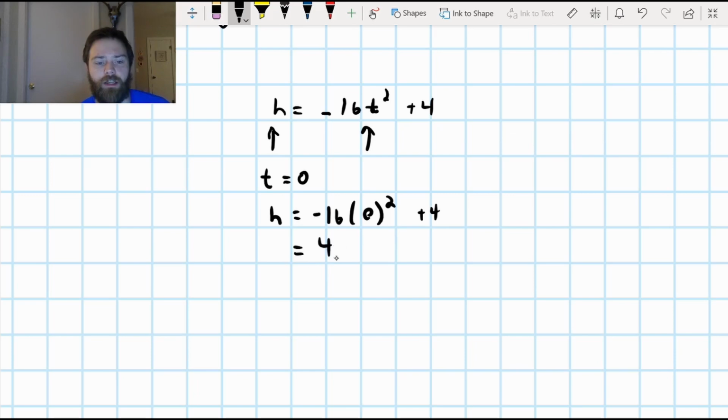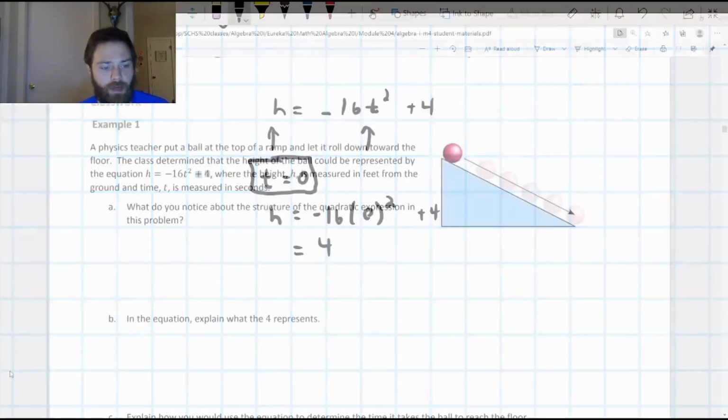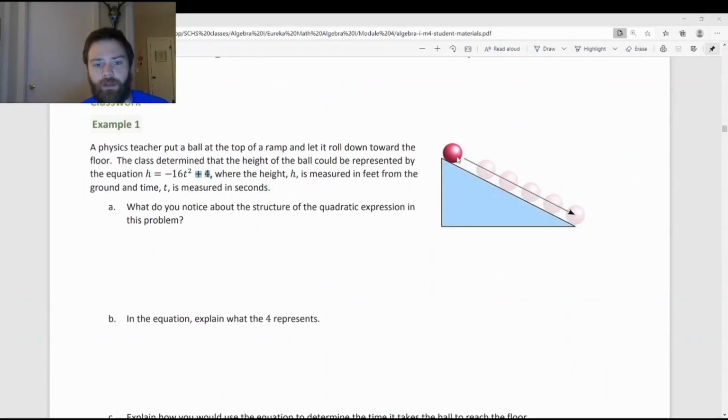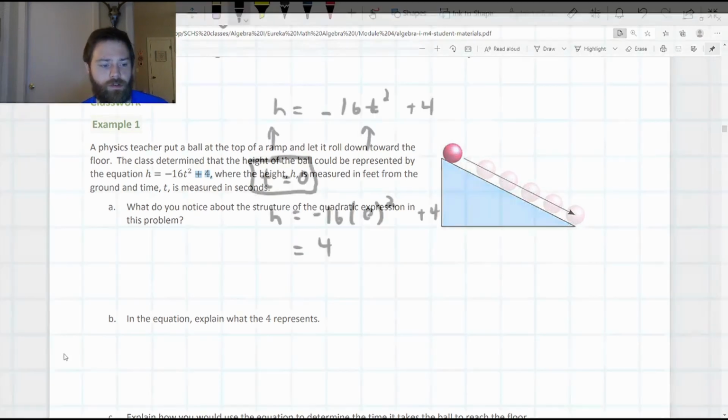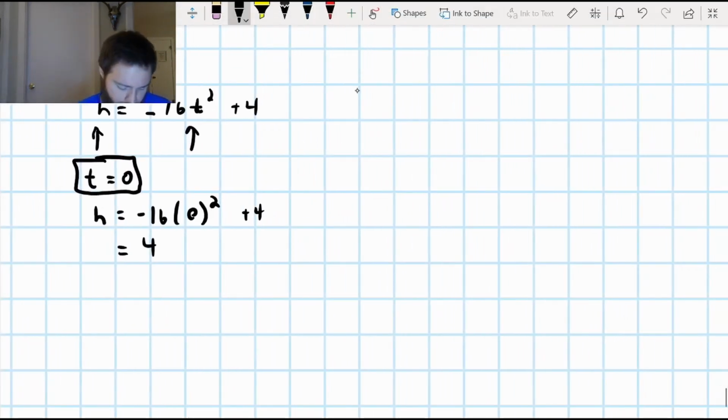What this is telling me is it's the height at time 0. When we release the ball at the top of that ramp, it's telling us that the ball is actually going to be 4 meters up in the air. Right here, I'm going to try and draw this over here. This nice little triangle.